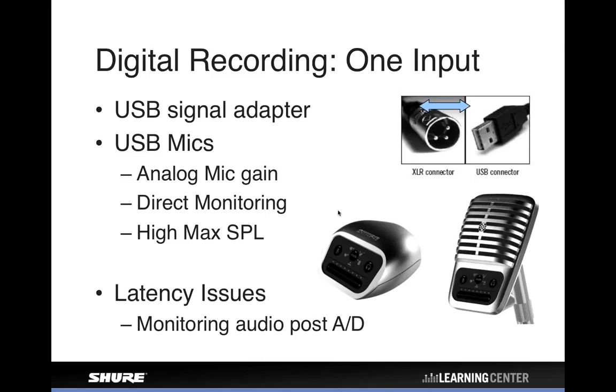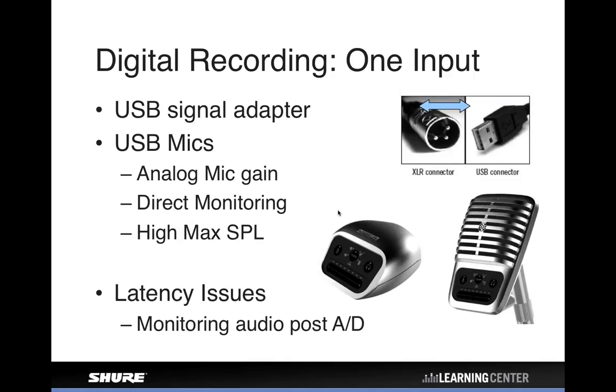We're coming out with a couple of those. But the key when purchasing a USB product or USB interface is to make sure you have a headphone jack on the actual interface. That allows you to monitor the incoming signal directly before it goes to your computer. That's important if you're going to do any sort of overdubbing, singing or talking to a track, or any multi-tracking scenarios.